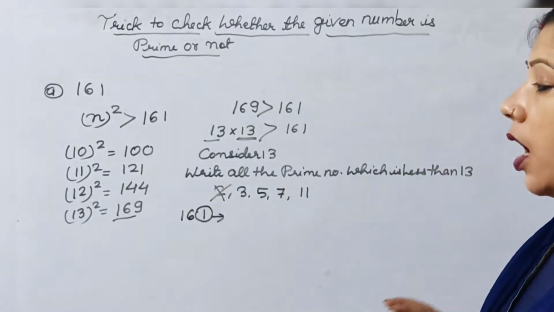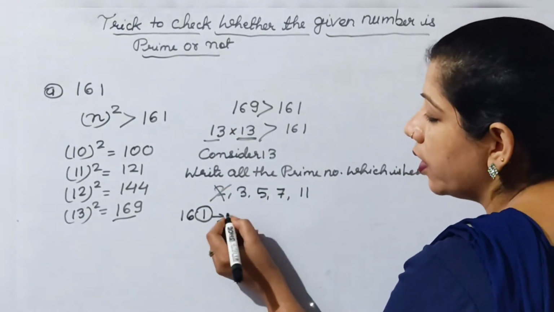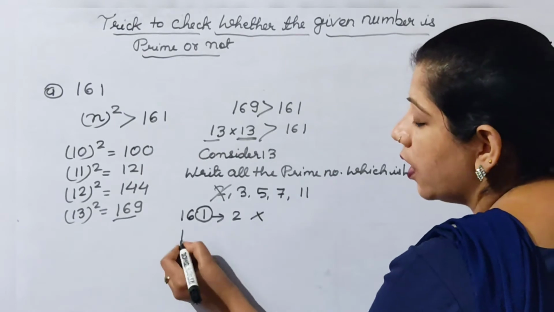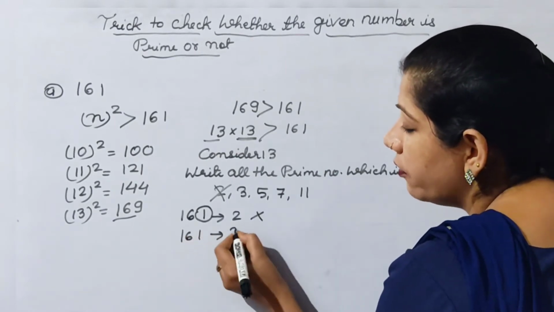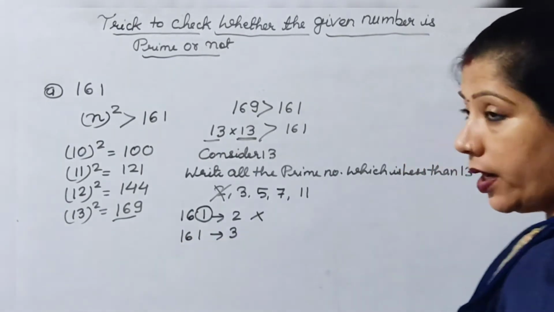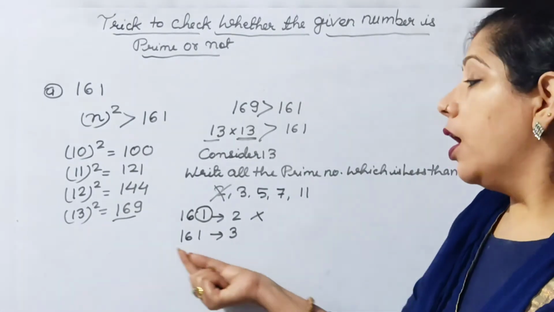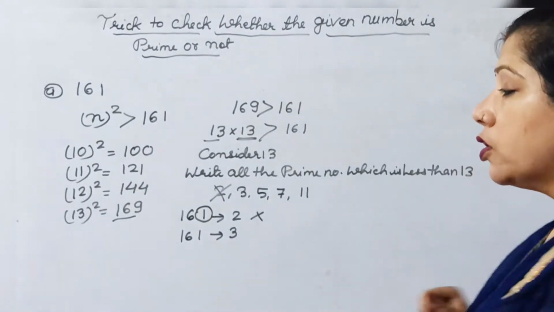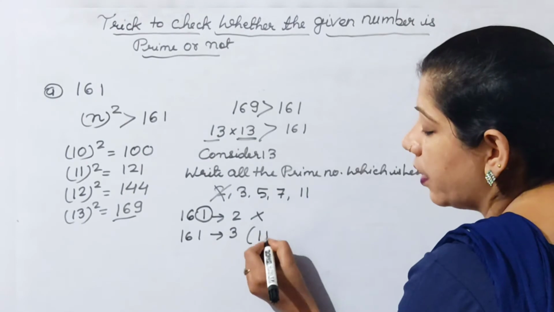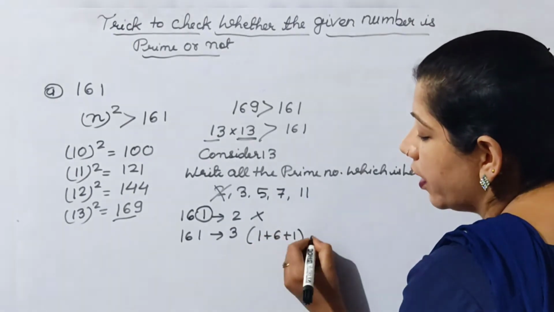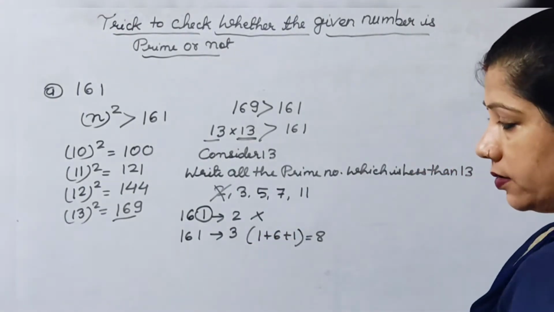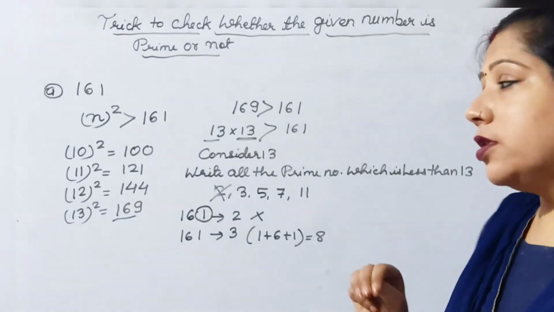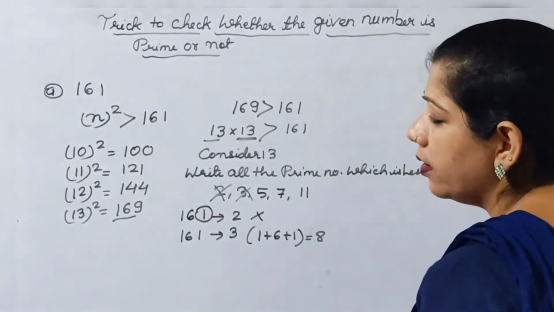Now with 3 we'll check whether 161 is divisible by 3 or not. What is the rule? We have to add all the digits. When we add 1 plus 6 plus 1, we get 8. 8 is not in the table of 3, so it is also not divisible by 3.